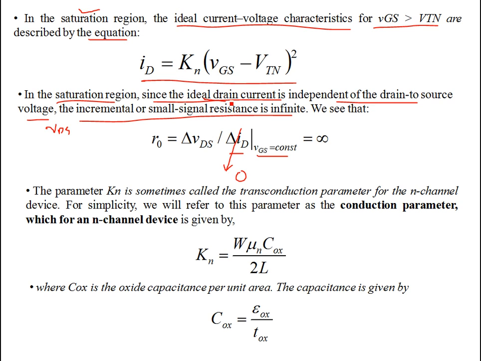So in the saturation region, the ideal drain current is independent of the drain to source voltage. The incremental or small signal resistance is infinite. R naught is infinite.